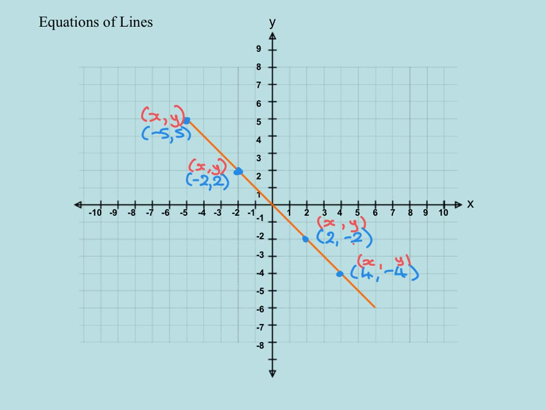So what we call this one is y equals minus x. It's not quite y equals x, because we didn't get 2 and 2. When we had 2, the other one was minus 2. So that's why we call this one y equals minus x. Okay, I will give you some exercises to do as well.